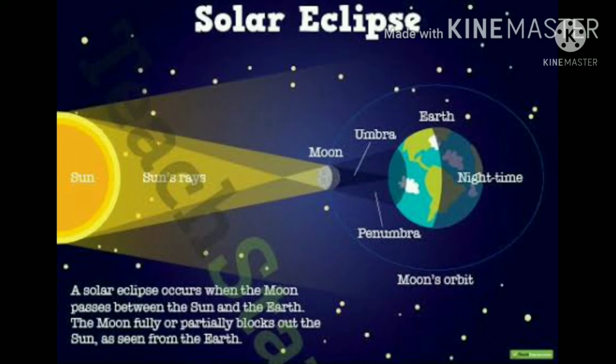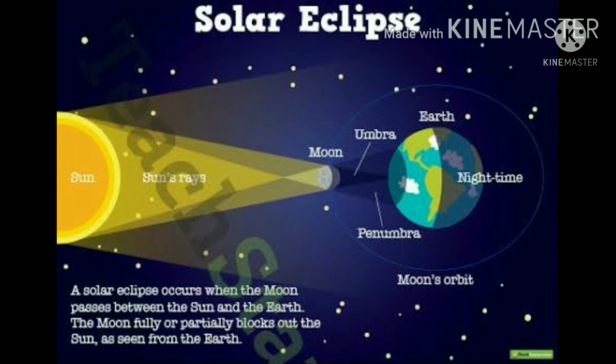Earth. So the shadow of the moon may fall on some portion of the earth. In this portion, sun is blocked by the shadow of the moon. This phenomenon is called solar eclipse.